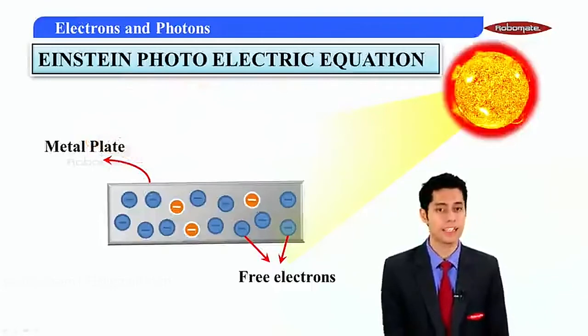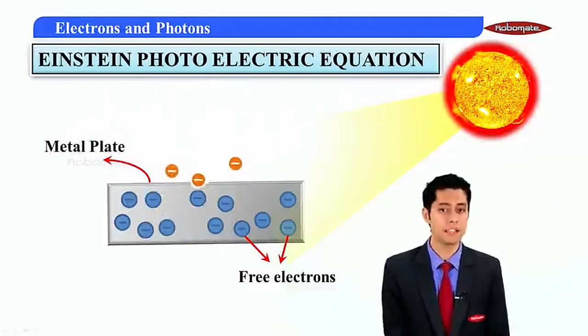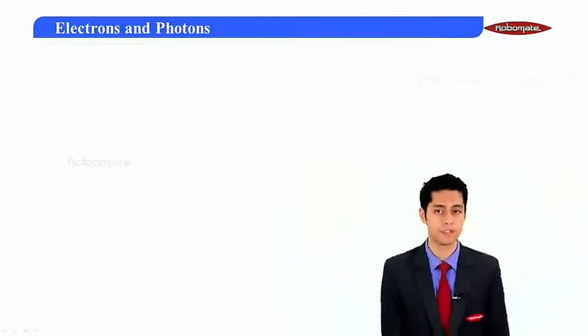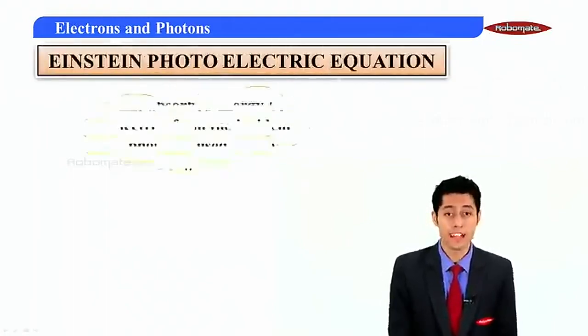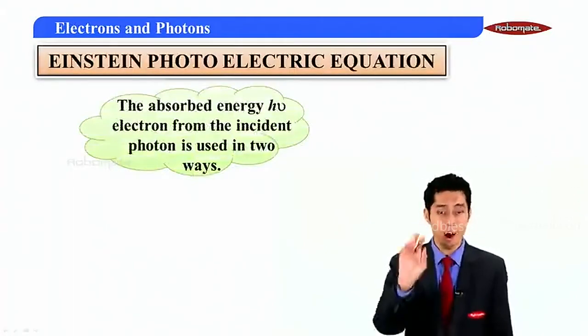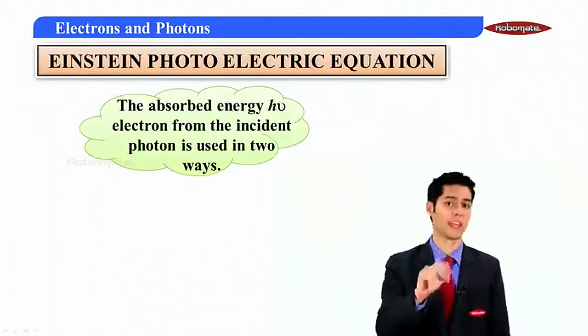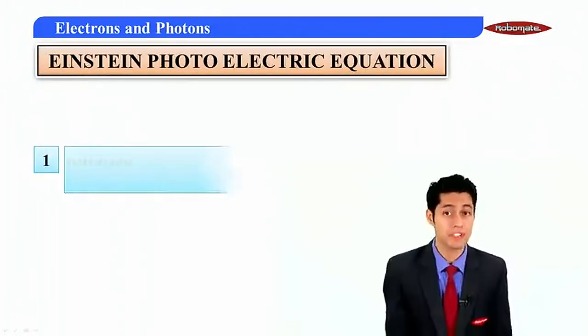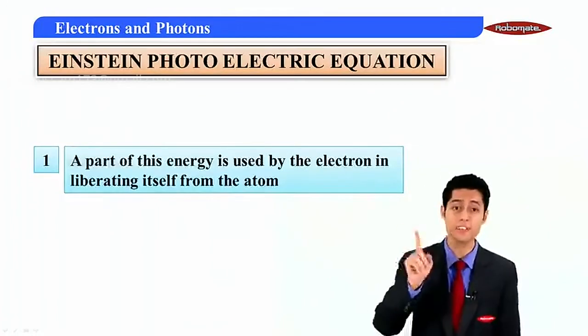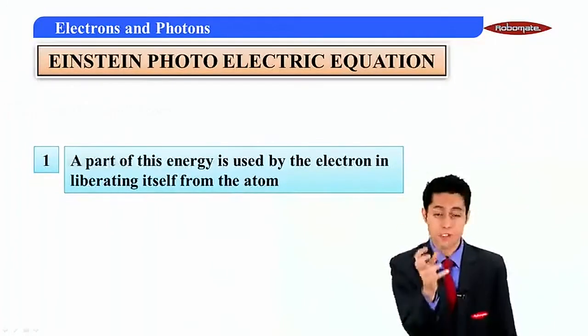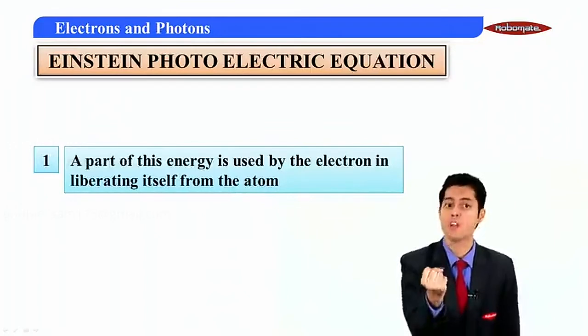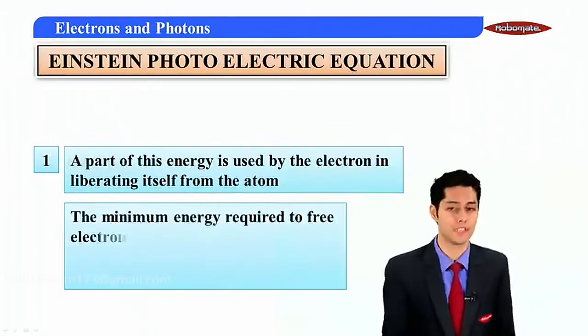After getting excited, the electron liberates itself out of the metal surface. So the absorbed energy of the electron is used in two ways. The first is the energy absorbed by the electron to come out of the surface.